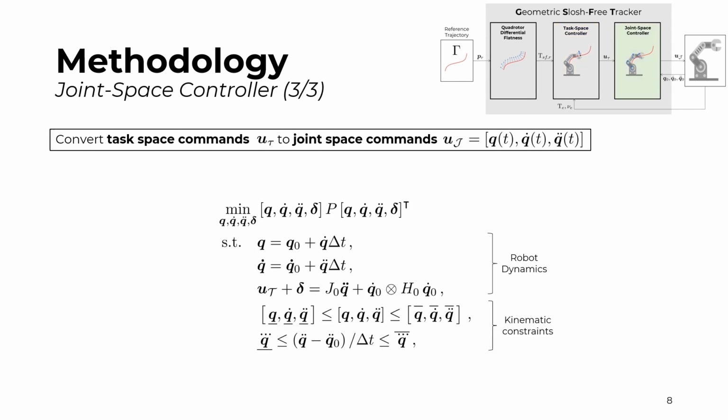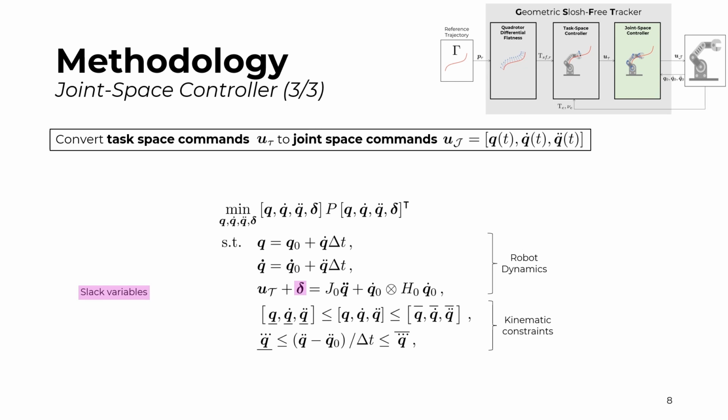In the third and final stage, we convert the task space commands into joint space. For this purpose, we formulate a quadratic program that ensures the kinematic feasibility of the obtained joint configuration. In this formulation, there are two design choices that are particularly noteworthy. First, to ensure that the QP always remains feasible, we add slack variables.